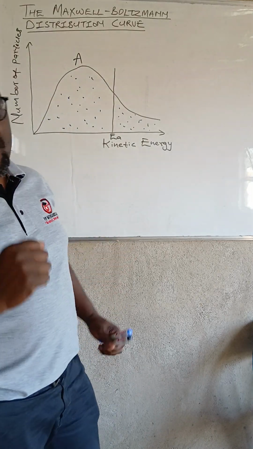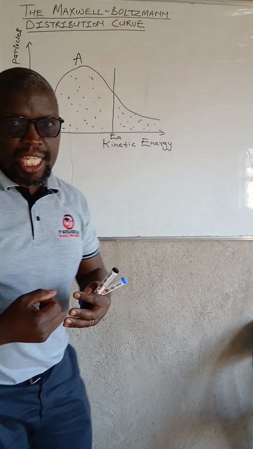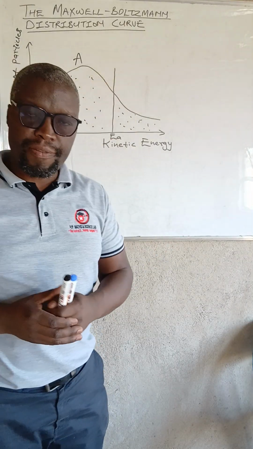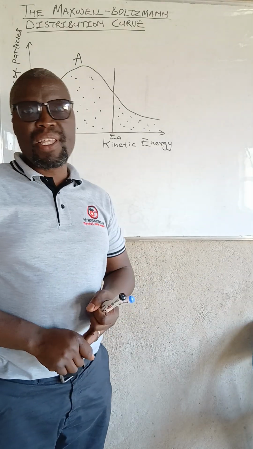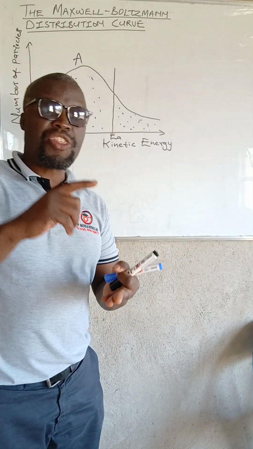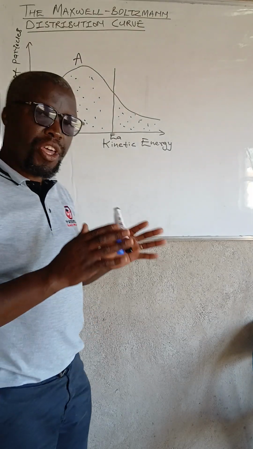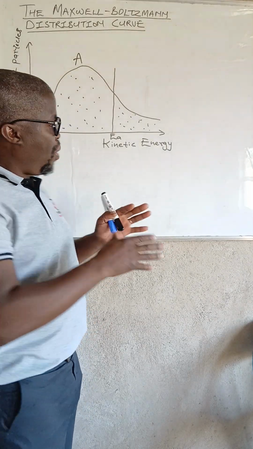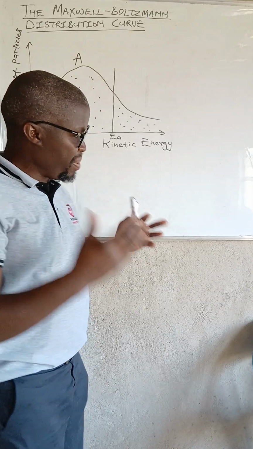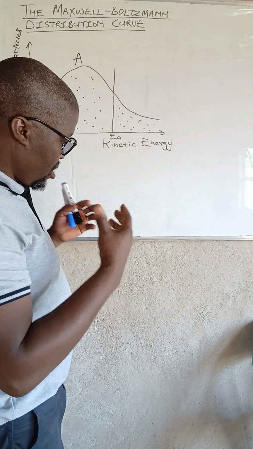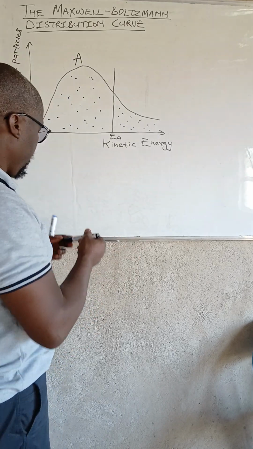Now, there are three factors that can actually cause a change in the formation of the curve. The first one is temperature. The second one is a catalyst. The third one is concentration. Let's start with temperature. Suppose the temperature of the system increases. The temperature of the system changes, in this case an increase in temperature.